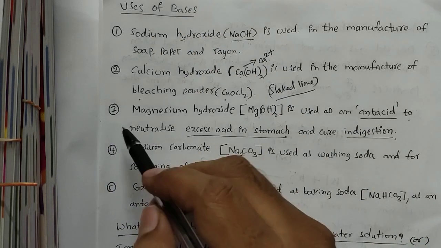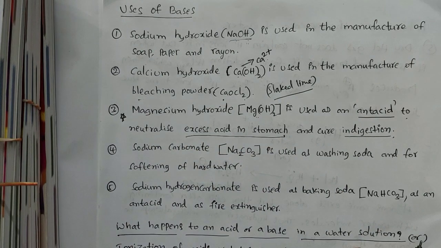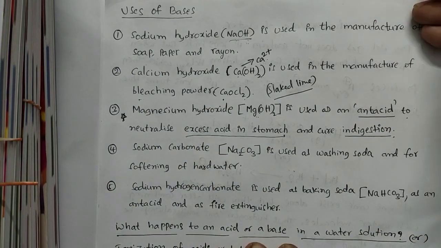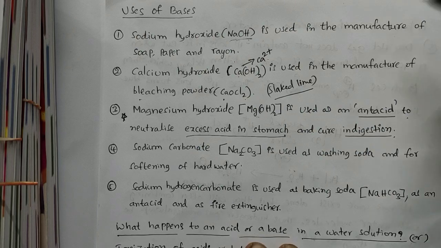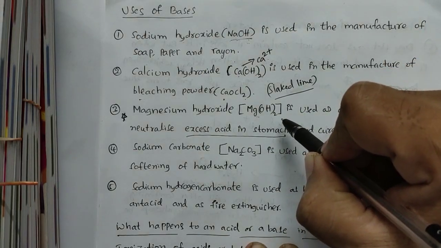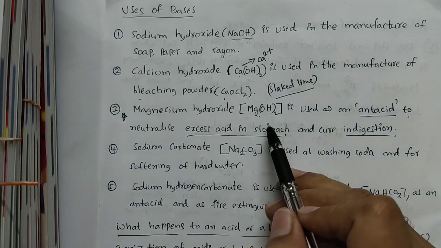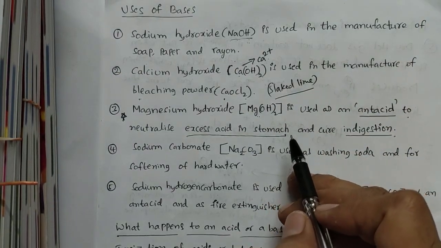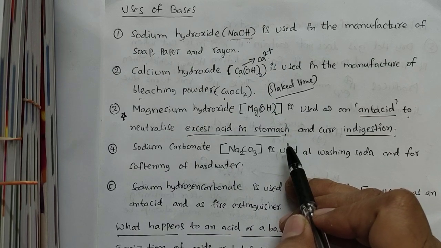This question is also asked in many examinations: which of the following materials is used as an antacid? Magnesium hydroxide. Magnesium hydroxide is a weak base, as we discussed earlier. This is used to neutralize the excess hydrochloric acid that is produced in our stomach.